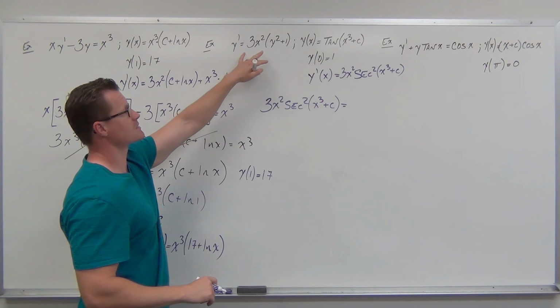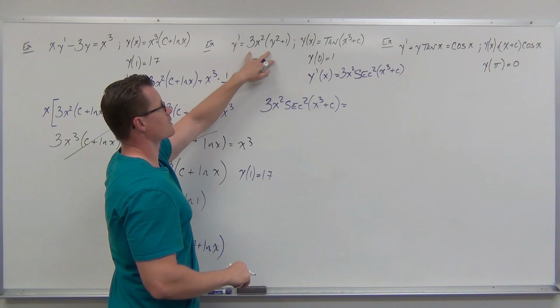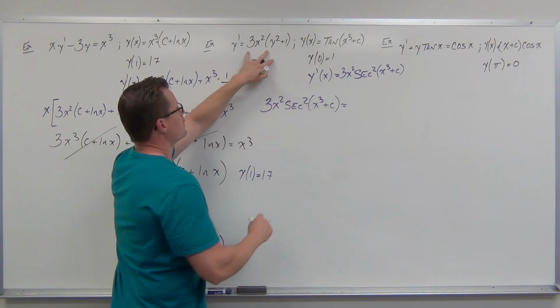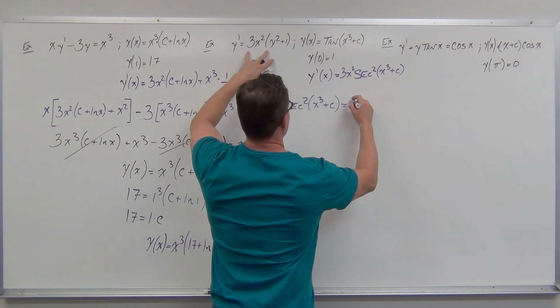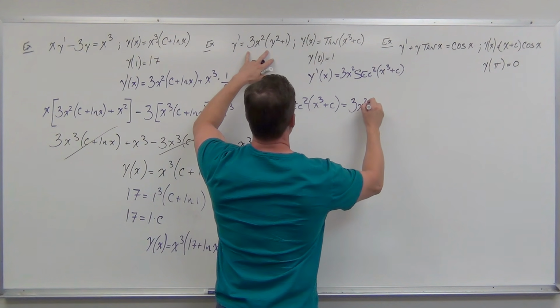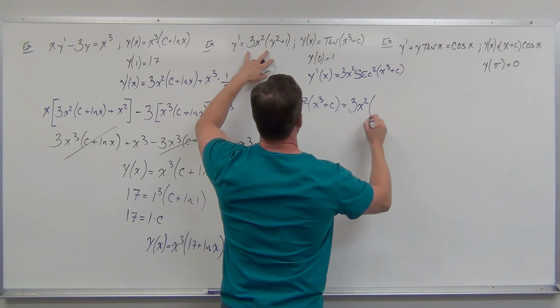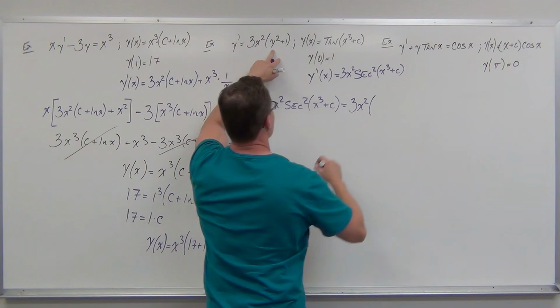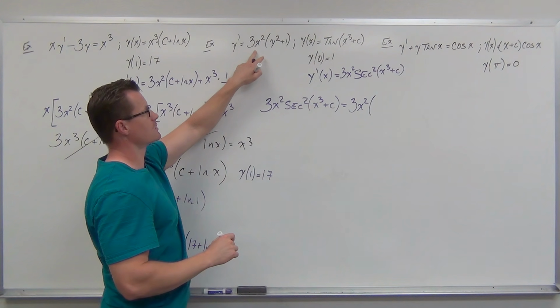equals, on the right-hand side, we have some more things going on here. We're going to have 3x squared, so that's good.